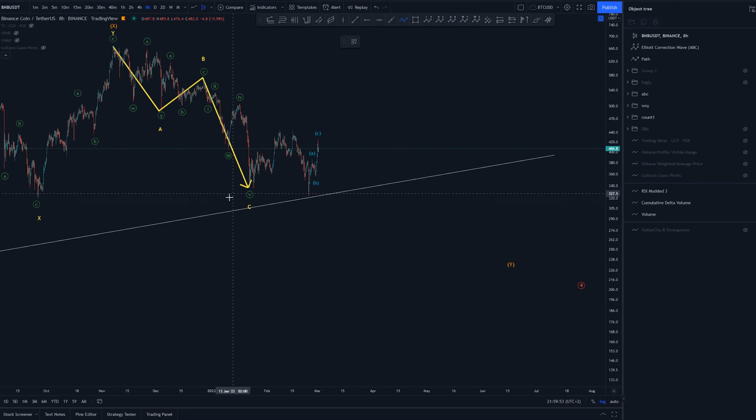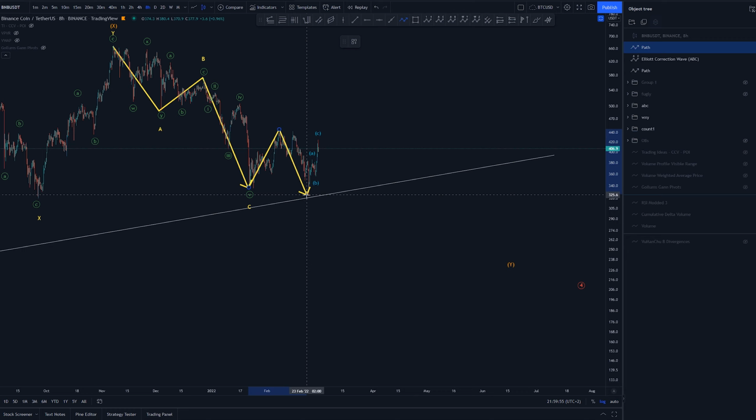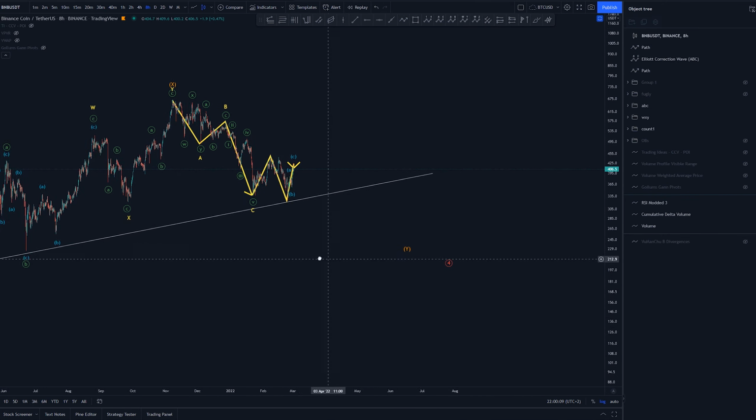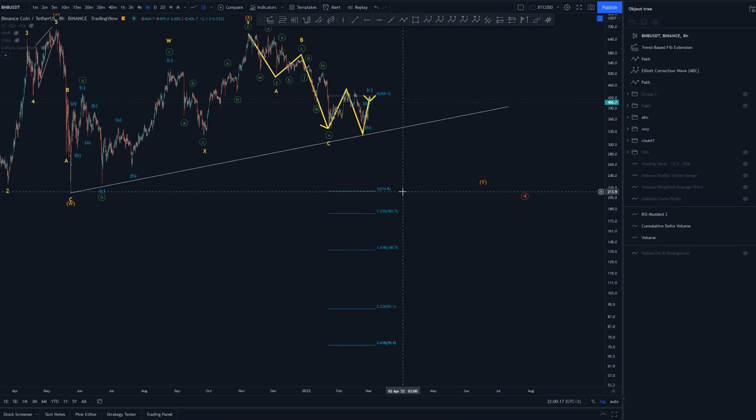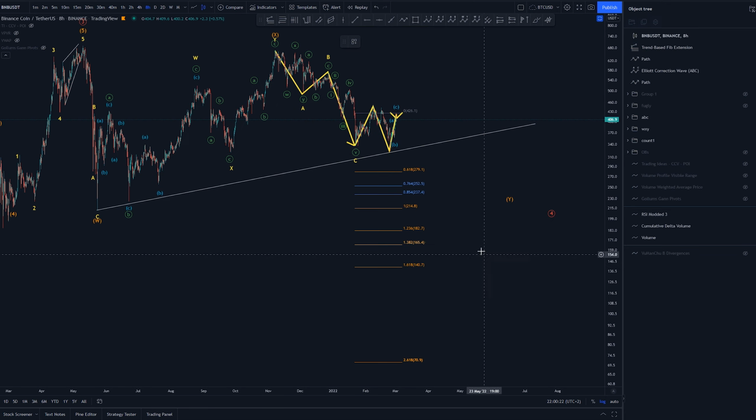we can again project this move as if we see this as a 3-wave move, whether it goes up or it's the end here. It's a bit funky looking, but anyway, we can see this up here, and our target would be the 1-to-1 extension here.